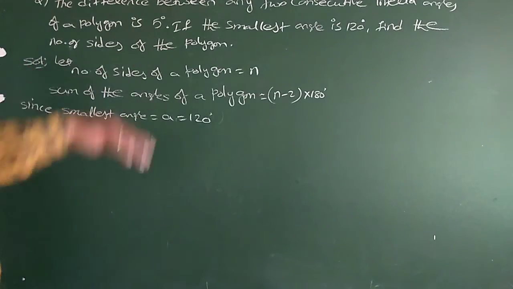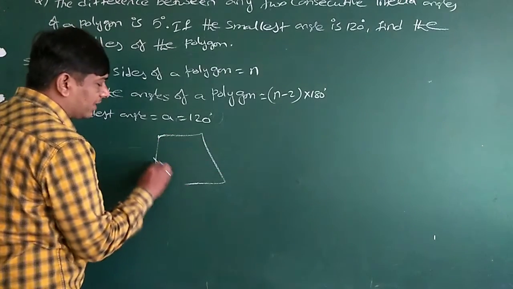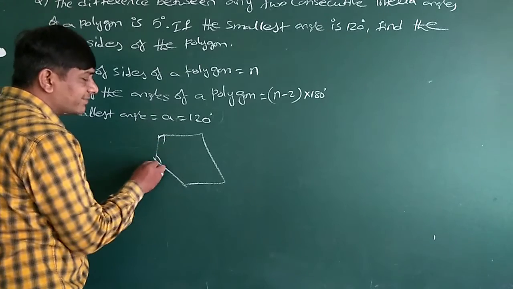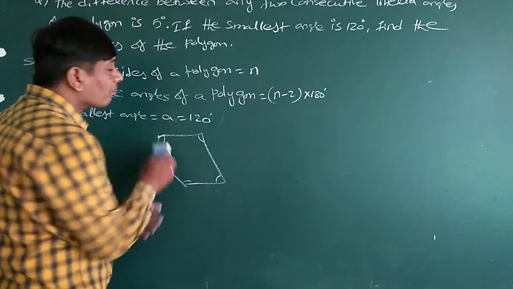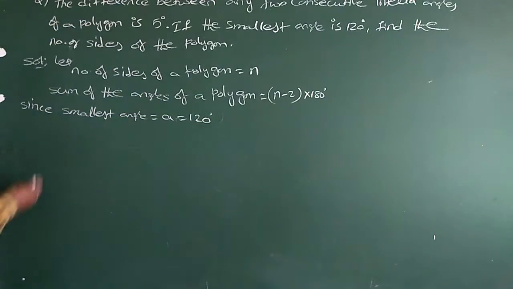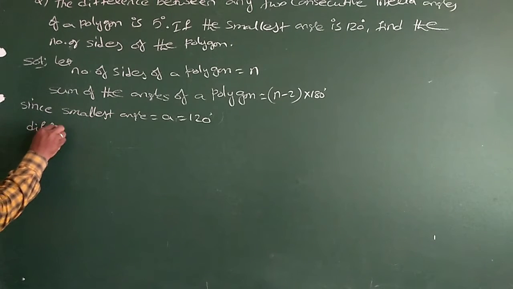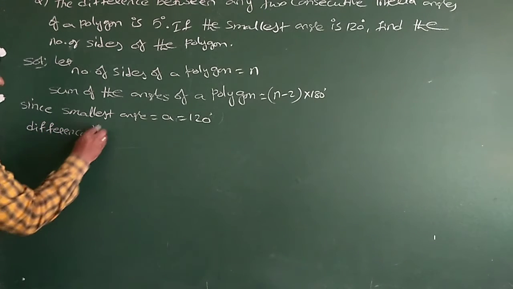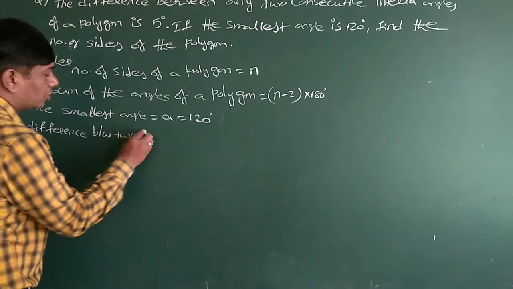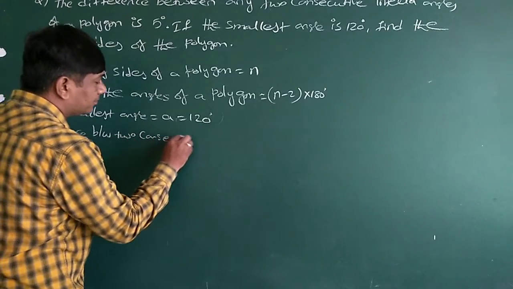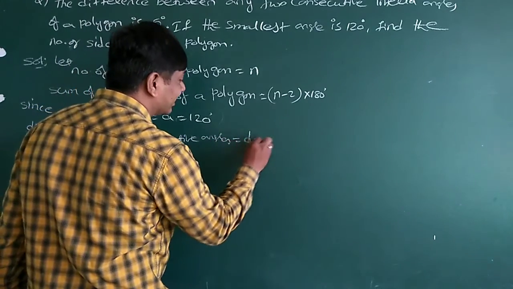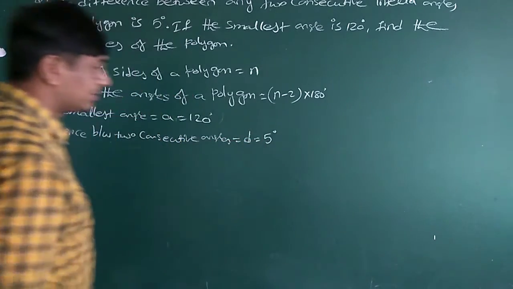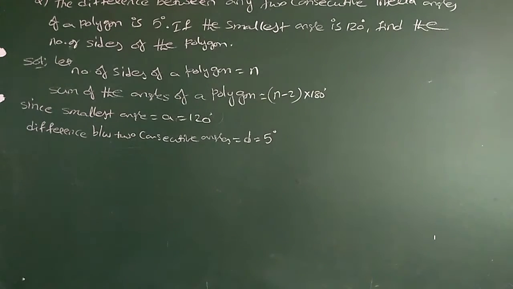Suppose this is a polygon: these two differ by 5 degrees, these two differ by 5 degrees, these two also 5 degrees only. So the difference between two consecutive angles is d, which is equal to 5 degrees.